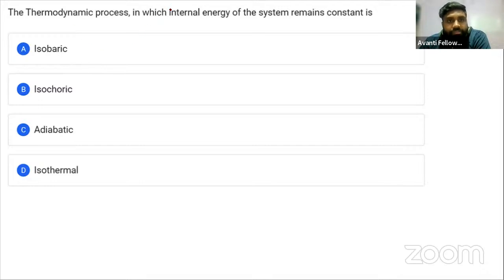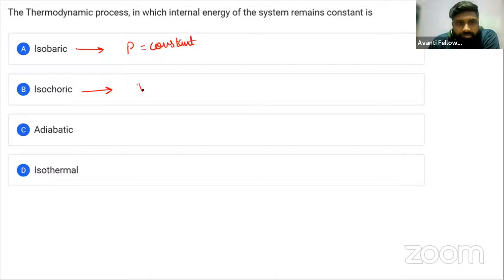The thermodynamic process in which the internal energy of the system remains constant is... So we know that in an isobaric process, pressure is constant. In an isochoric process, volume is constant, or I will say the change in pressure or change in volume is constant.